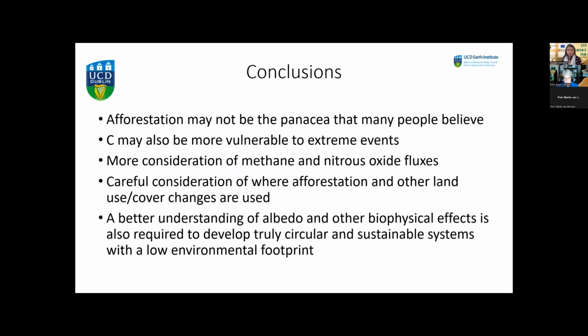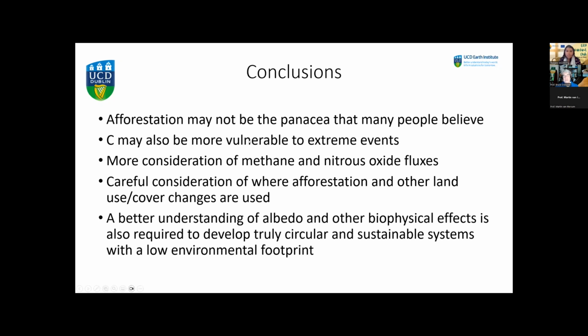Okay, so to finish, just to sum up some of the points that I've tried to make, afforestation may not be the panacea that many people think.